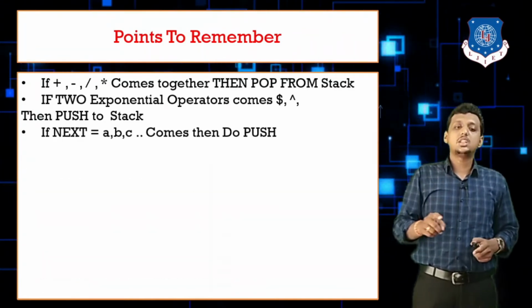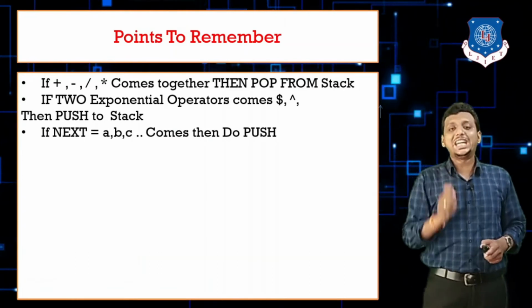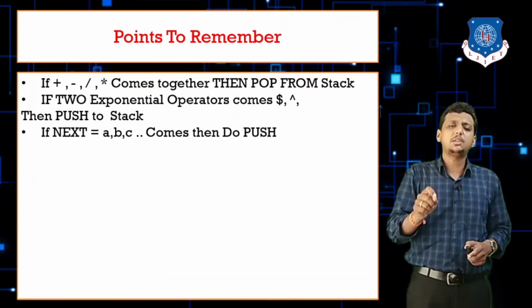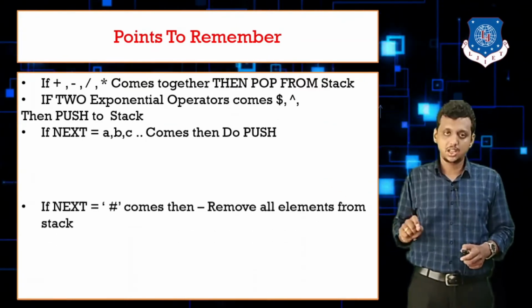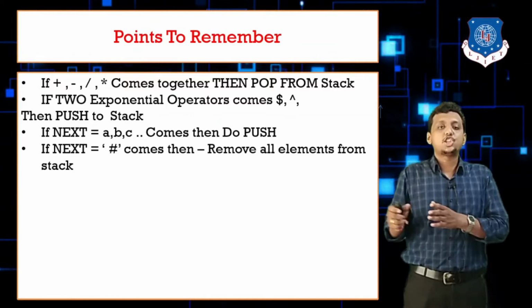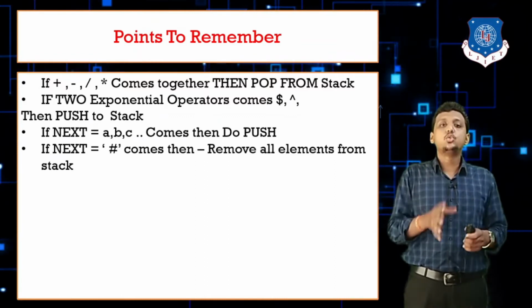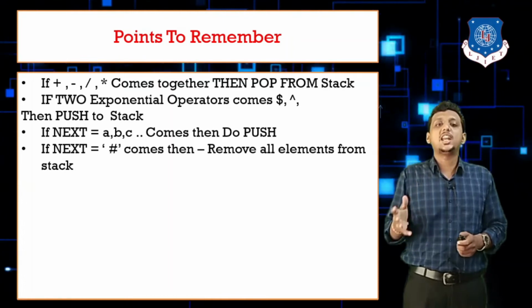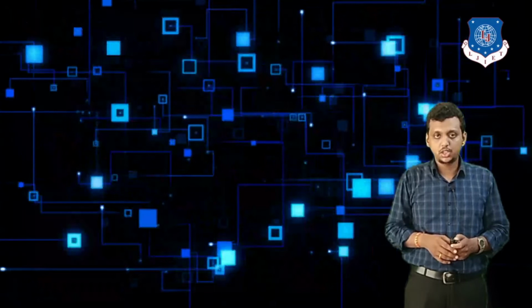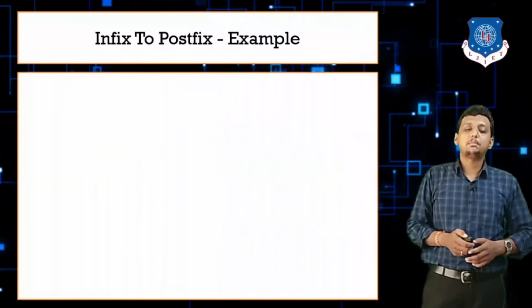Next, if you find any character like A, B, C, any variable, you do not think much, just push it inside the stack. Now, when the hash comes as the next character, you just need to pop out every element from the stack and append it to the reverse polish string. So these are some basic rules.